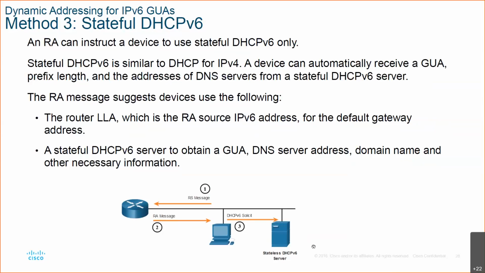If you have got another server as a DHCP server, it will communicate with that, and that will give you your IP version 6 address. As it says here, a stateful DHCP version 6 server gives you your global unicast address, also your domain name server address, and so on.